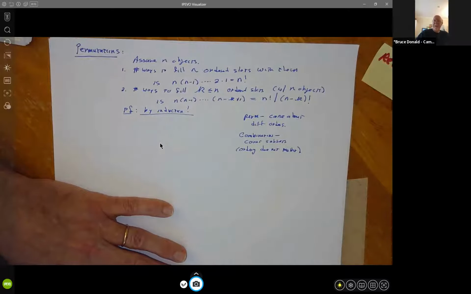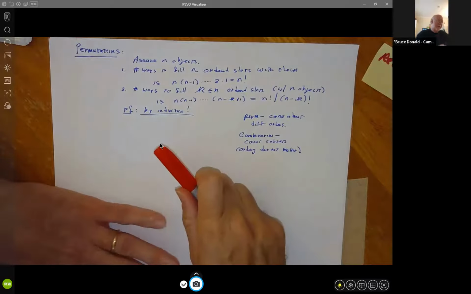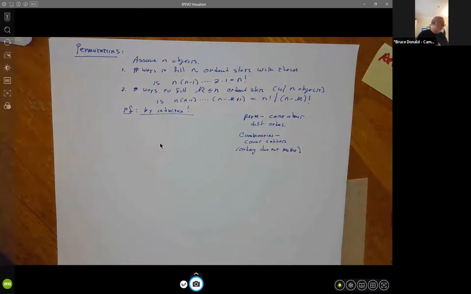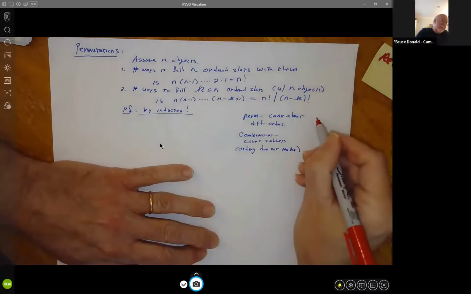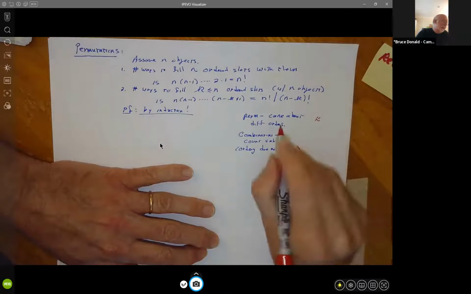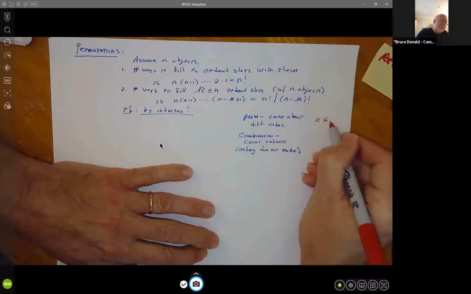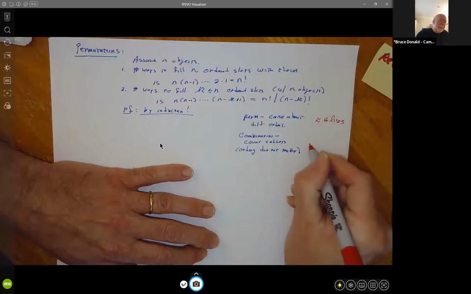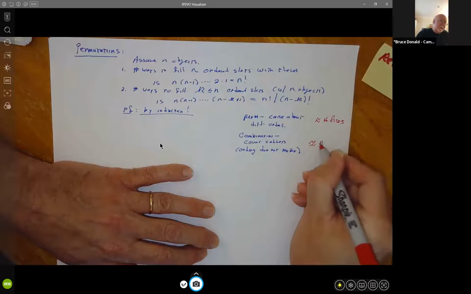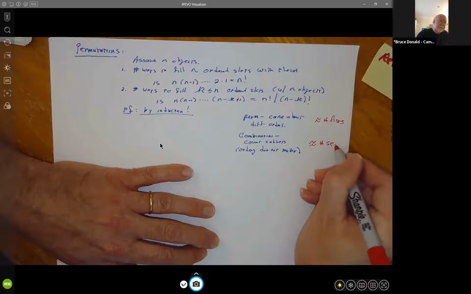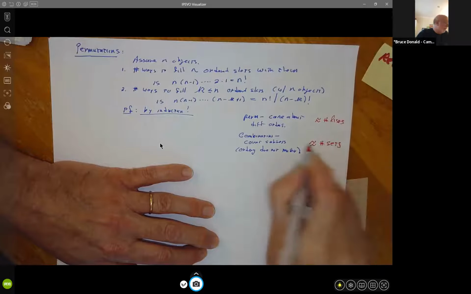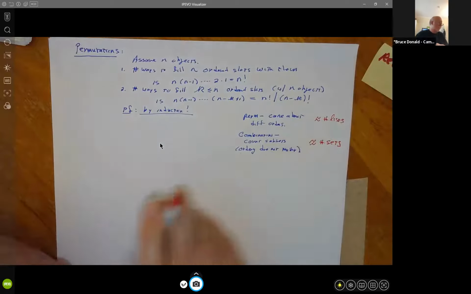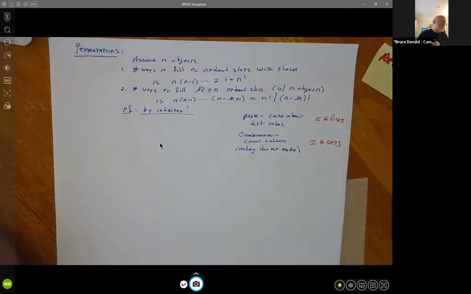So roughly speaking, in the context of something like Scheme, we could think of permutations as approximately like counting the number of lists, because lists care about order. And combinations as being approximately like counting the number of sets or subsets. Now, the analogy is not perfect because in neither case for combinatorics can there be duplicates.